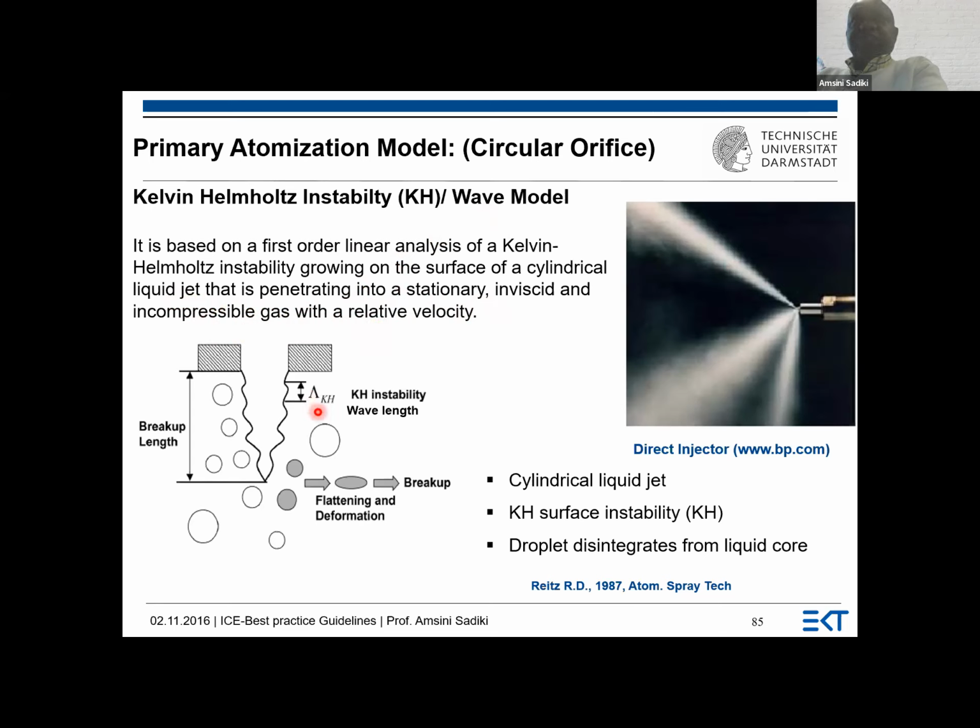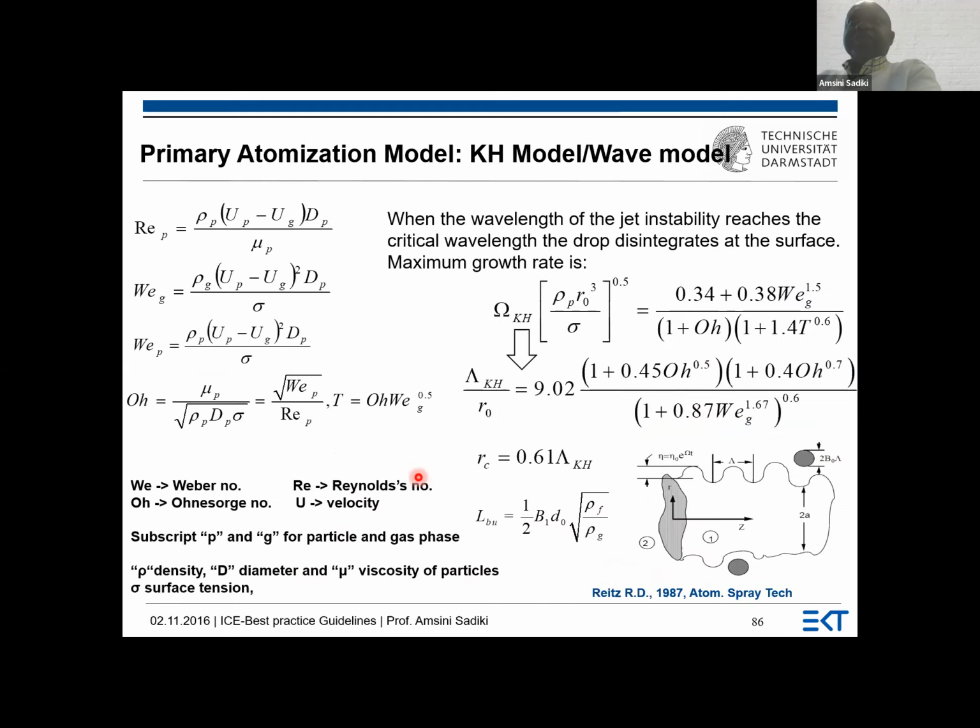The first parameter is the wavelength. The second is the formation of the first breakup, and we also need the breakup length. So we have these 3 ingredients: the cylindrical liquid jet, the surface instability, and the droplet disintegration from the liquid core, as we see here.